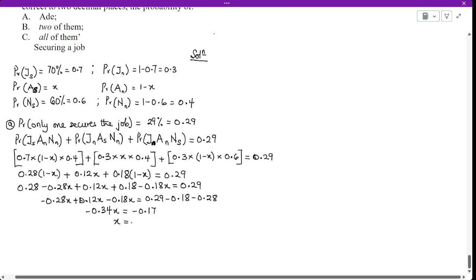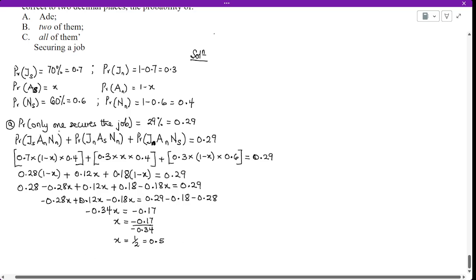So my x becomes negative 0.17 divided by negative 0.34, all right? Dividing this gives me positive 1 out of 2, which is also 0.5, right? Now leaving our answer in two decimal places.